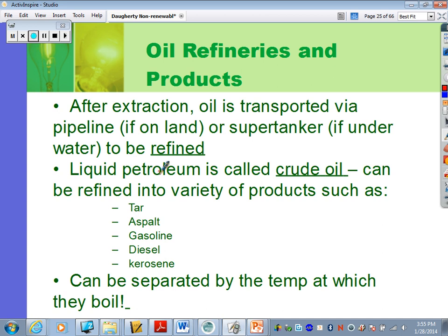And it says liquid petroleum is also called crude oil, which can be refined into lots of different products. I have a list of even more products on an upcoming slide. Here's some of them, though. We can make tar, asphalt, gasoline, diesel, kerosene. And these are separated out by the temperature at which they boil. So that's an important fact right there.